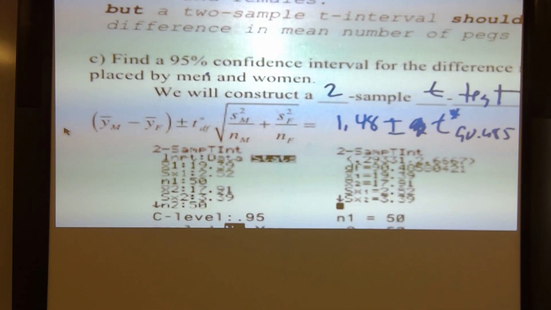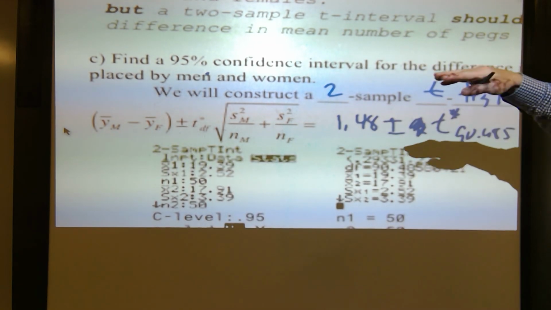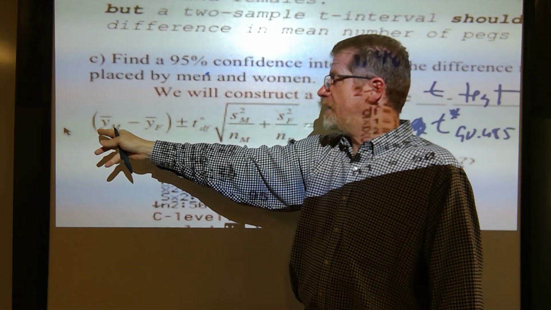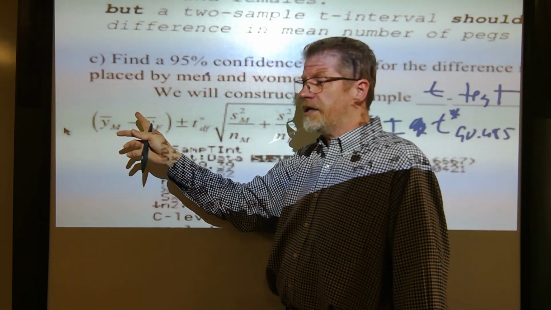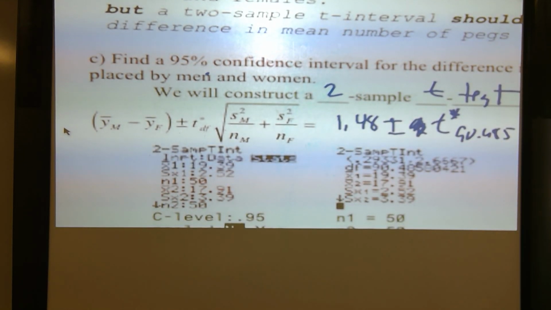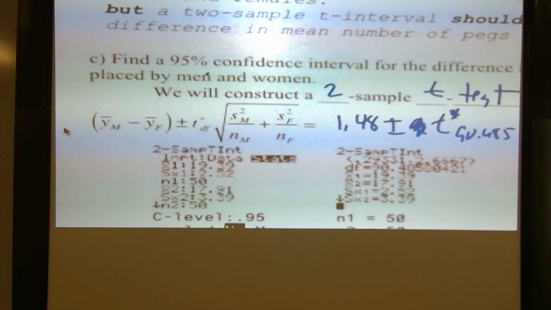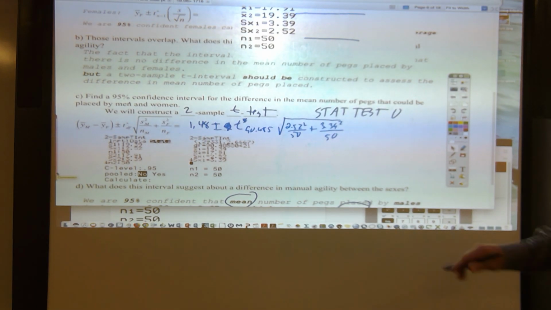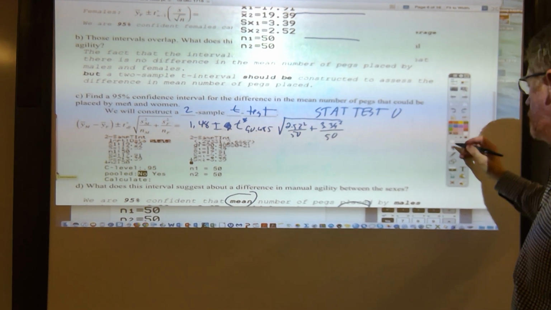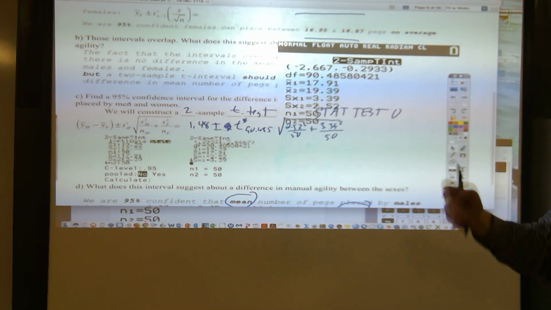AP graders will allow you, in the context of this problem, to just use M for males, F for females. We're doing females minus males. Since we did ladies first, it's going to be X bar females minus X bar males. That's why ours came out with negative numbers, instead of the confidence interval that was positive numbers. The numbers have the same absolute values, but notice what the effect of changing the order of the subtraction is.